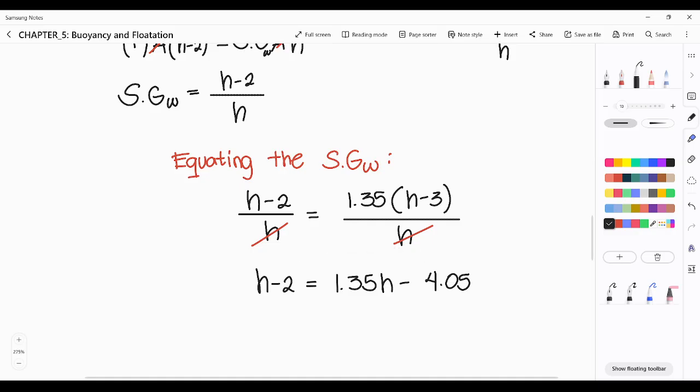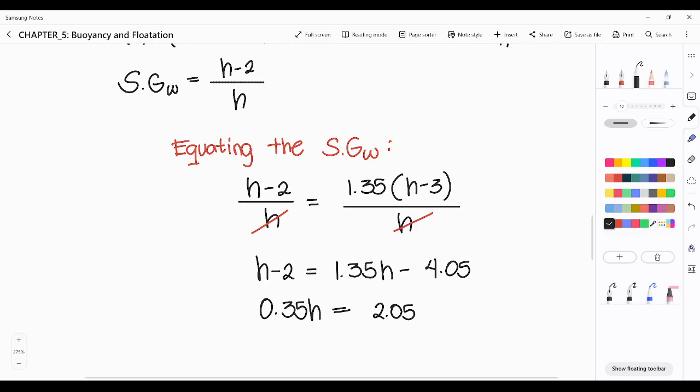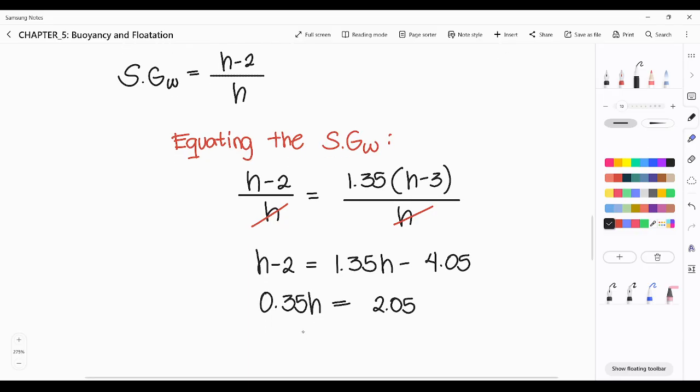We will have 1.35 minus 1 is simply 0.35h. Kung ayaw nyo mag-manipulate, you can simply use shift solve. And then, let's just add 4.05 sa kabila. 4.05 plus negative 2 is 2.05. And dividing both sides by 0.35, we will obtain the value of our h.